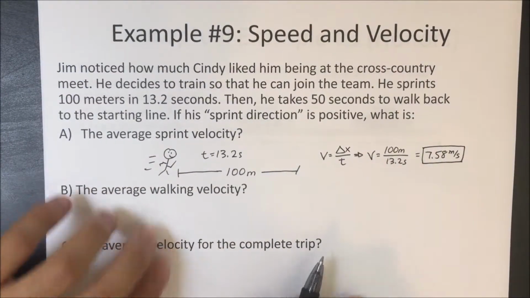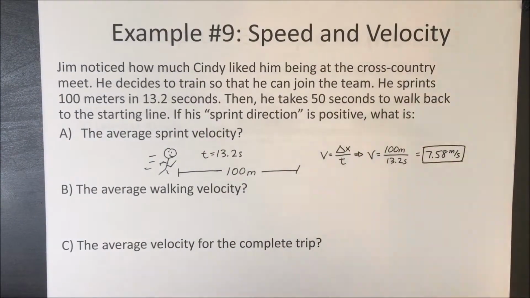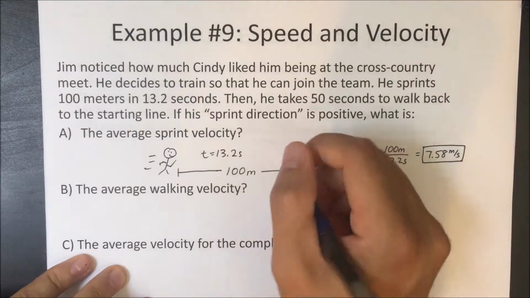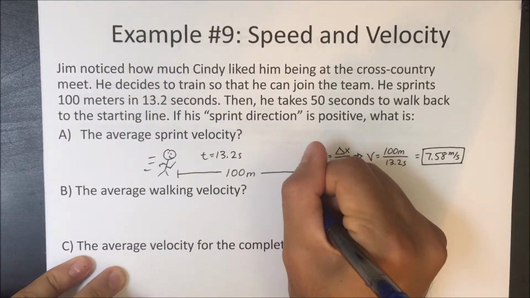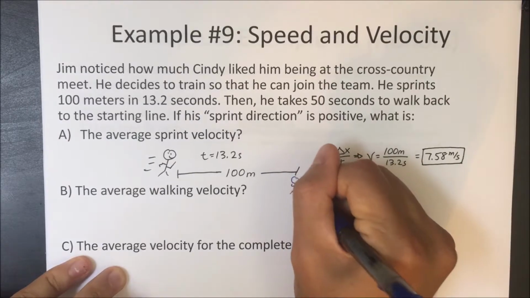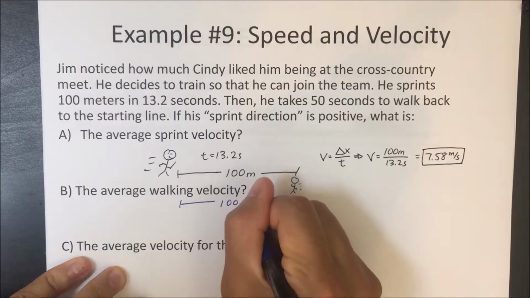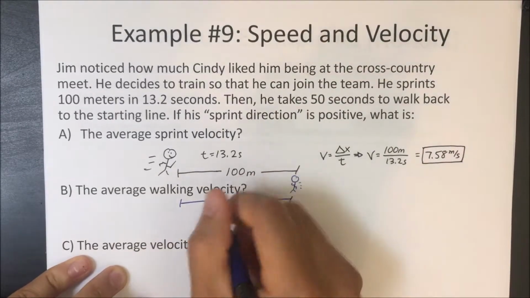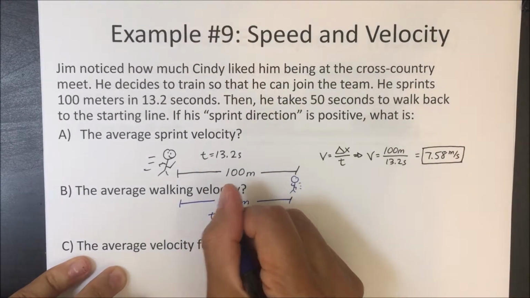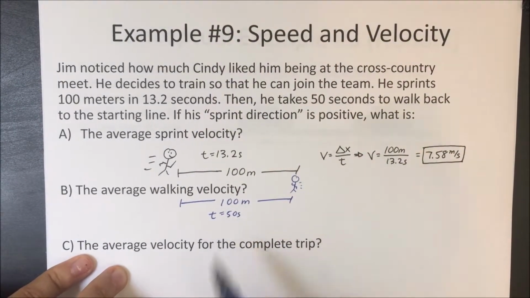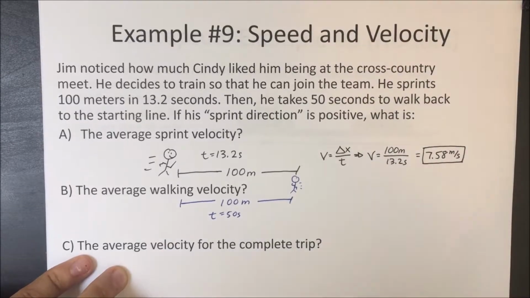Now, what happens after that is he does this and now he walks backwards. So now he walks backwards and he goes back 100 meters, but it takes him 50 seconds. So we'll want to find the average walking velocity. It's taking a lot longer, so it should be less than 7.58 meters per second.